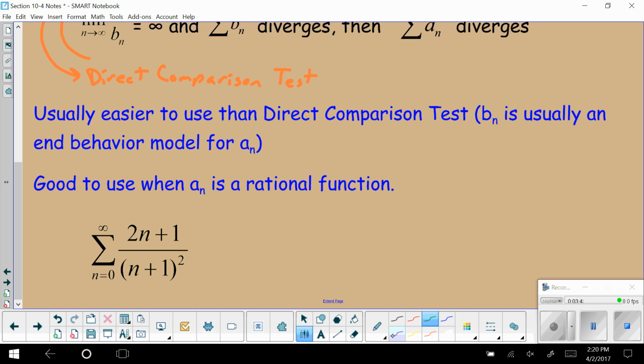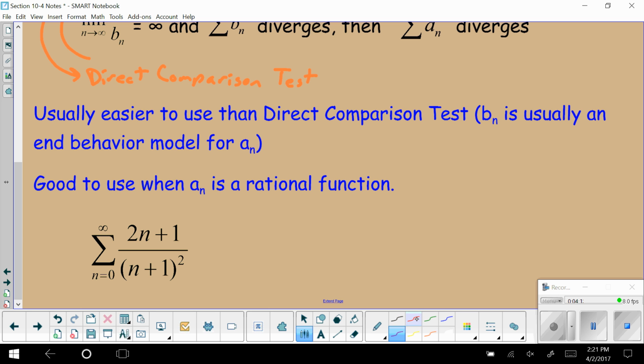So here, if we're saying I want to look at the sum from n equals 0 to infinity of (2n plus 1) over (n plus 1) squared, I can't really tell right off the bat. So I'm going to go ahead and go to my limit comparison test, namely as an example of it. I could have done my ratio test also, but I'm going to go with limit comparison here.